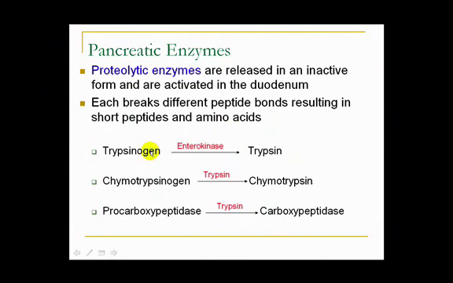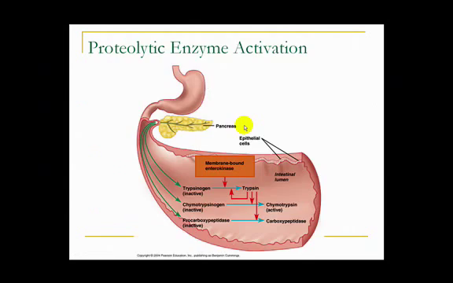Okay, so trypsinogen, once it gets dumped into the small intestines, it gets activated by the enzyme enterokinase into trypsin. Let's look at this picture. So you dump the inactive forms in, trypsinogen, chymotrypsinogen, procarboxypeptidase. They're in the small intestines. Now there's an enzyme that's in the membrane of the small intestines called enterokinase.